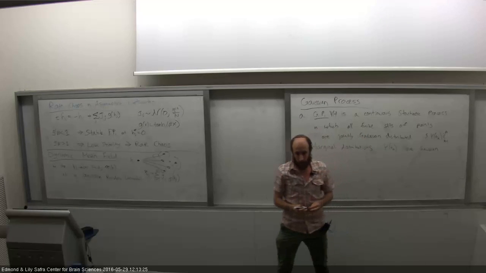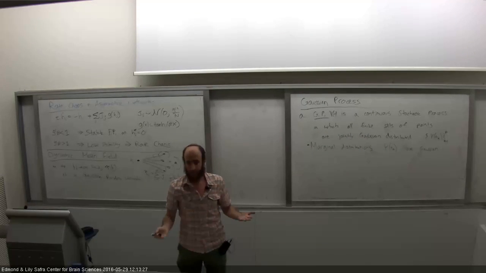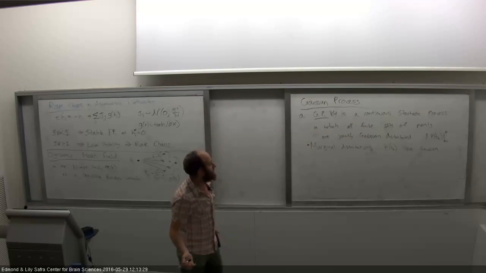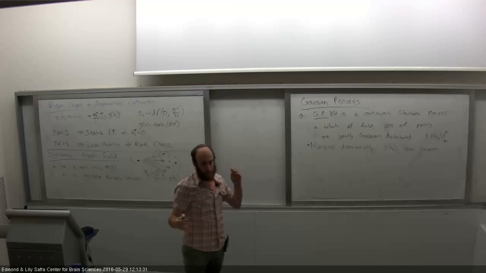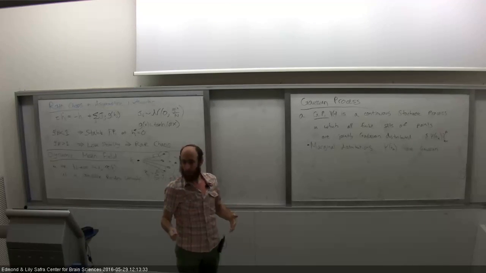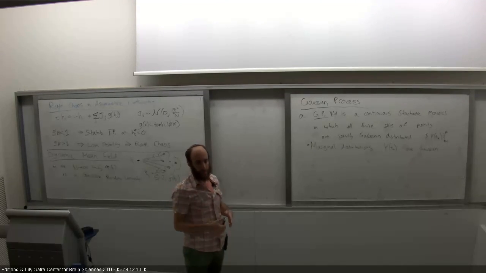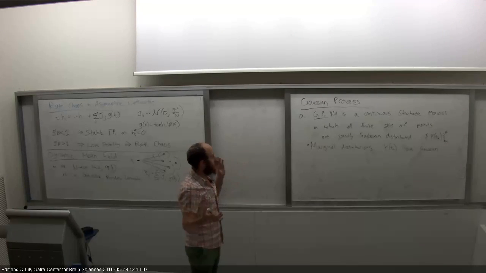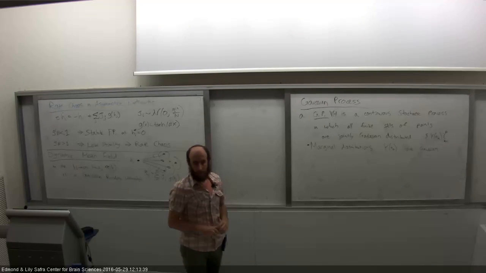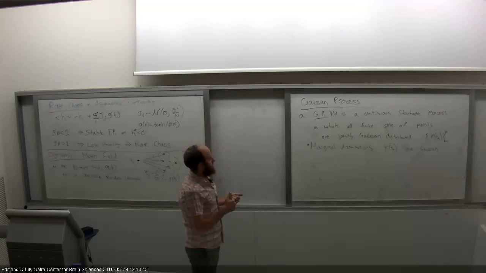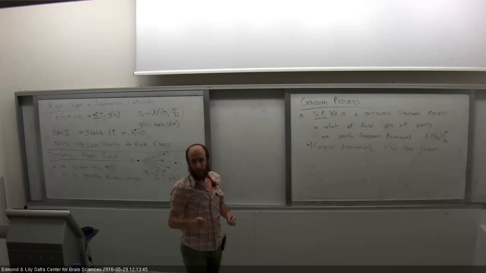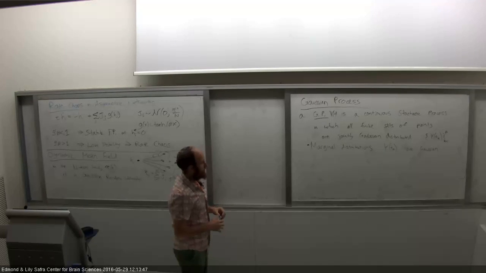The powerful thing about Gaussians generally, the reason we like them so much, is that they're entirely determined by just the first two moments. Once you have the mean and the covariance of a set of joint Gaussians, that determines the entire probability distribution. You can write fully the probability of any possible values of those variables.